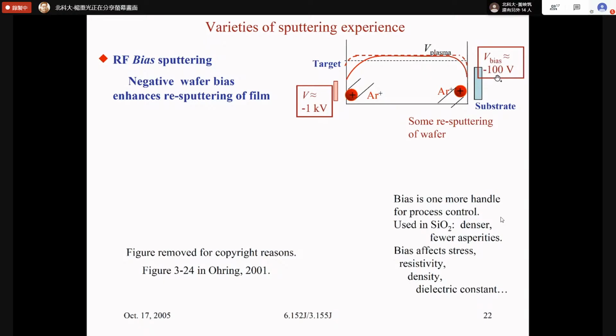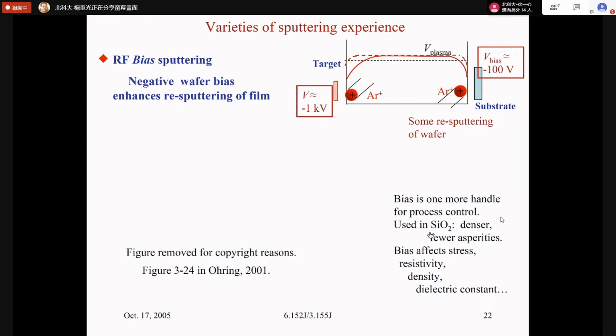So this negative and this is negative. So negative wafer bias can enhance resputtering of film. That's quite interesting, right? You attract it back. So resputtering of film.